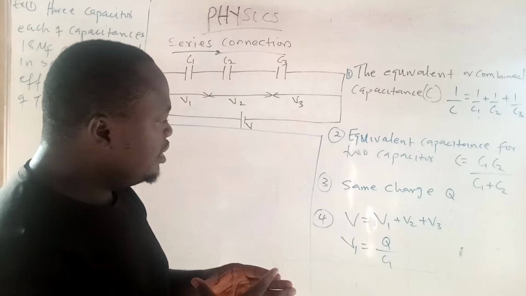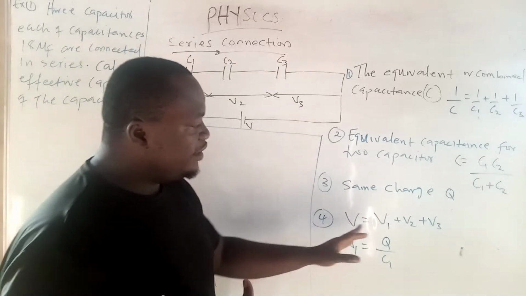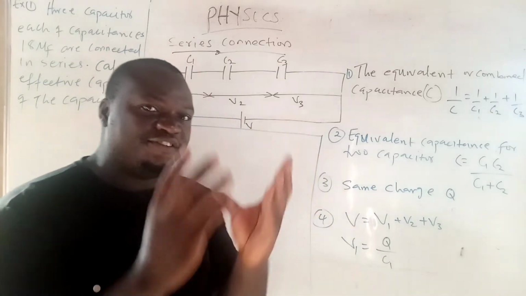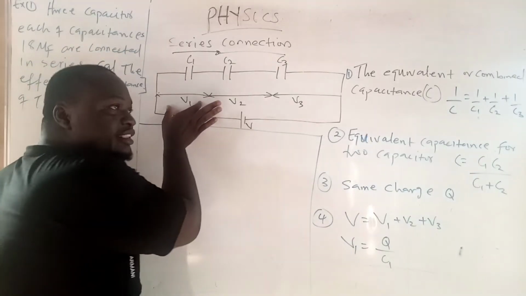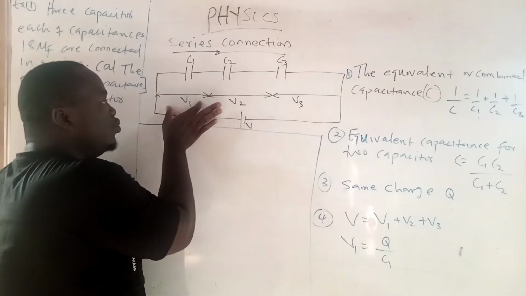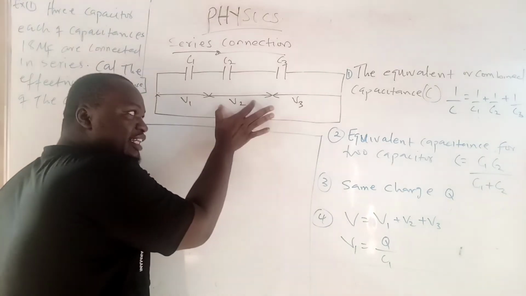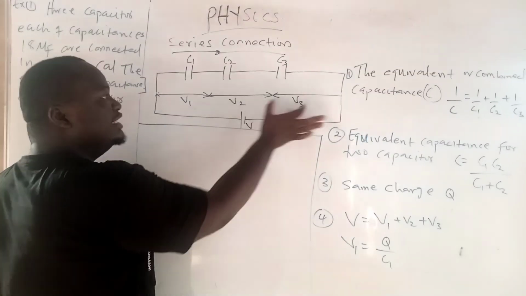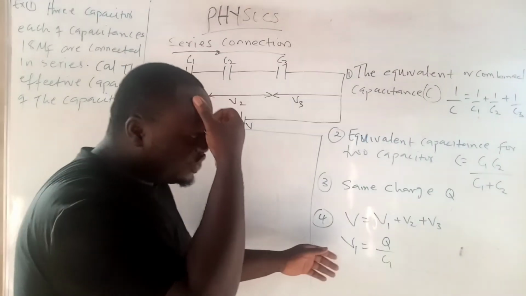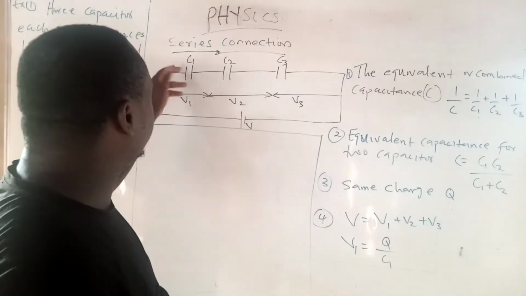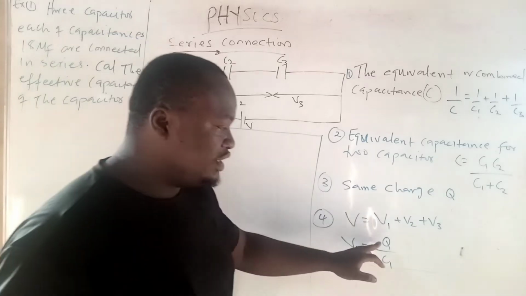Remember, if the voltages are different, it means that the voltage here across capacitor 1 is different from the voltage here. And that is why, if I ask you to calculate the voltage V1, it means Q over C1.